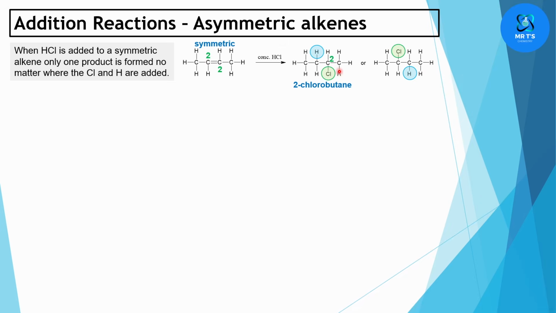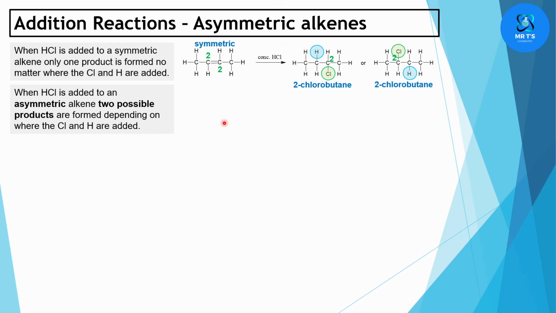So the first one would be called 2-chlorobutane, but because this molecule is just this molecule rotated around, it's also called 2-chlorobutane. So whether we put the chlorine off this first carbon here or the second one here, we are going to create exactly the same molecule, and so it doesn't matter where the chlorine attaches on the symmetrical molecule, we will always get just one type of product.